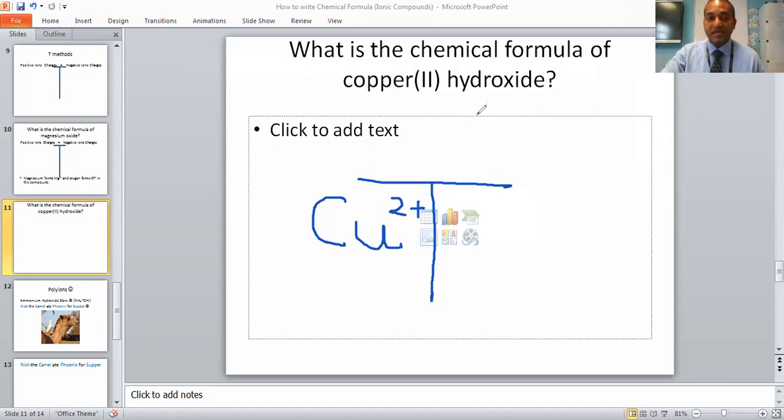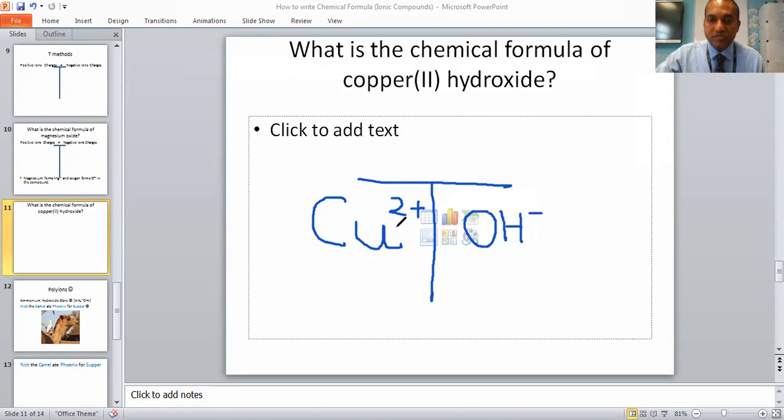Now hydroxide, we have seen just now, is OH minus. So I'm going to write OH minus. Now, the idea of our T method is the positive charge must be balanced by negative charge.